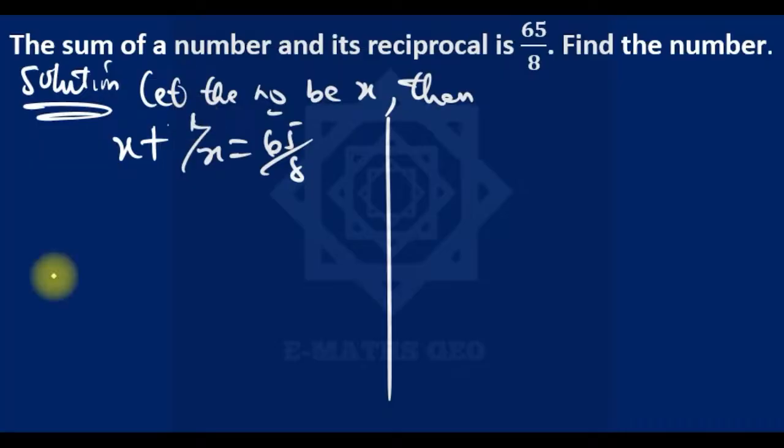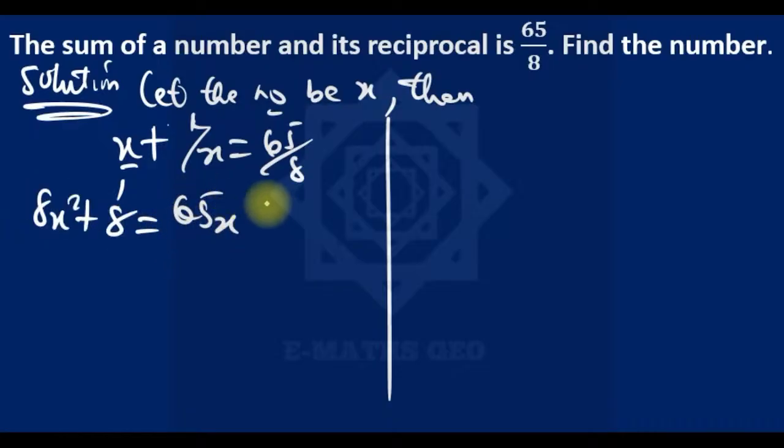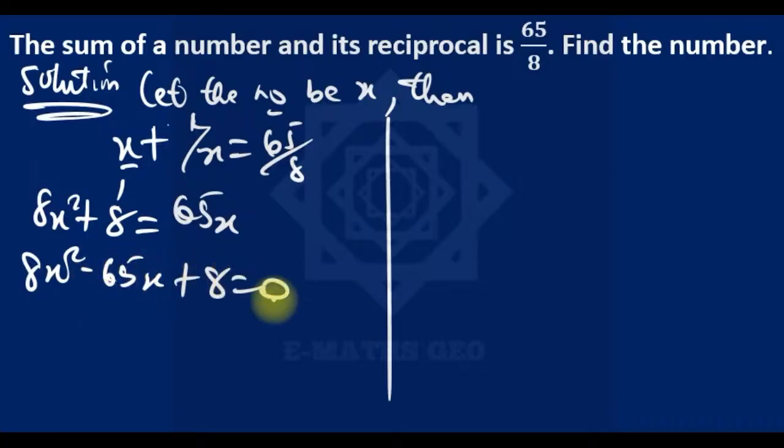So we have the LCM of 1, x and 8 is 8x. Multiplying each by 8x, I have 8x squared plus 8 equal to 65x. So I did it to clear the fraction. Moving everything to one side, I have 8x squared minus 65x plus 8 equal to 0.